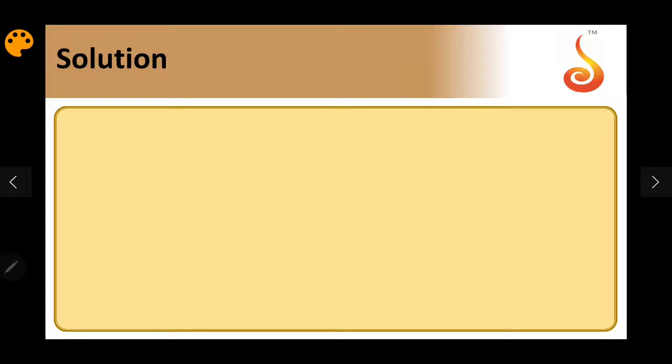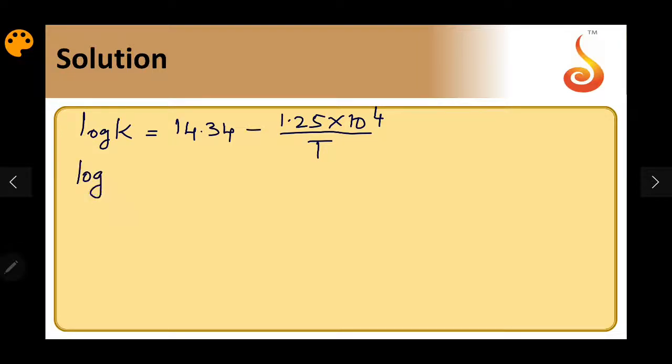If you see the equation given, it is log K equals 14.34 minus 1.25 × 10^4 divided by T. If you write the equation in standard form, log K equals log A minus EA by 2.303 RT.